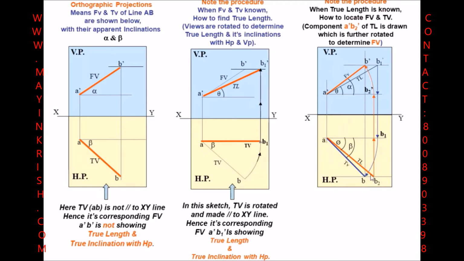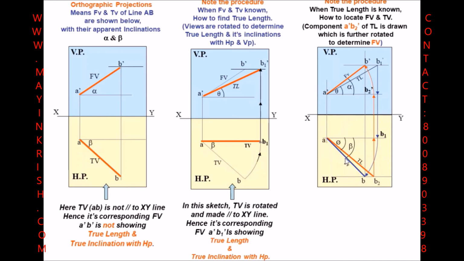So now we are going to have a few considerations. With these considerations, we can solve any problem in the projection of lines. The first consideration: the final front view and the final top view are both false lengths. Next, if we need to get the true length of any projection, then whatever false length we have, for example in the final front view, has to be a straight line, and as we get a straight line in one projection, then in the projection of the next view we get the true length.